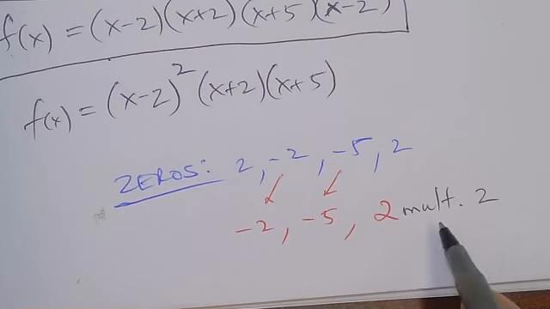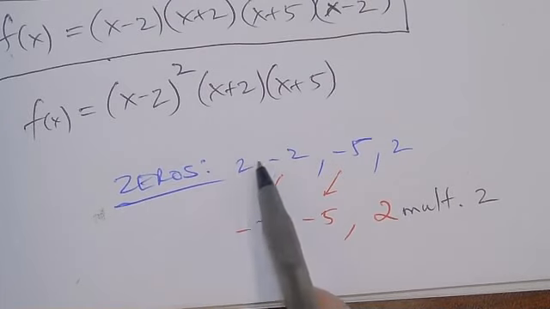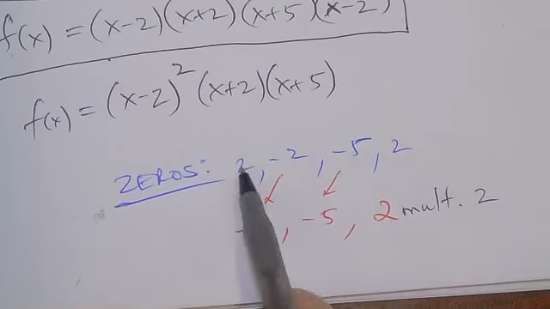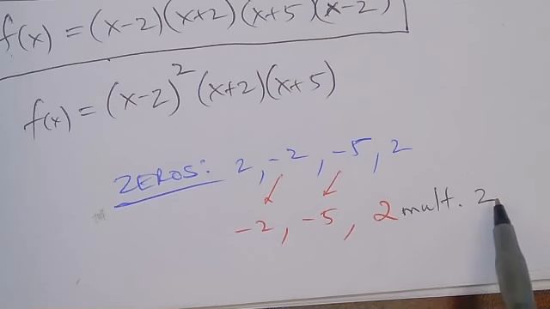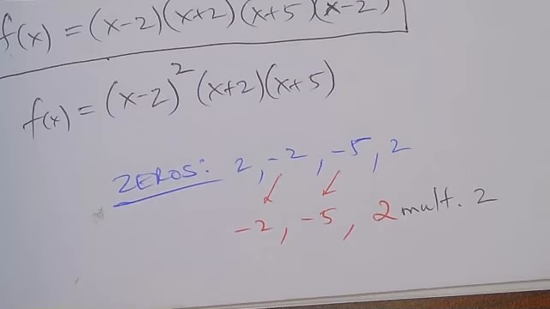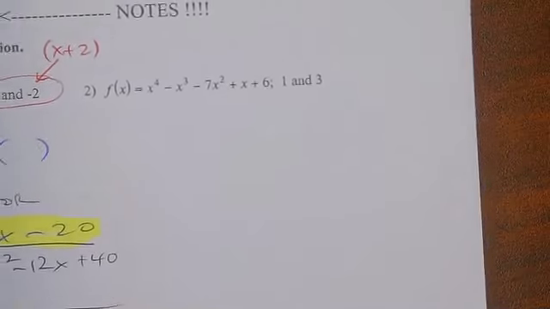How many multiples of them are there? 2. If it was a 3, I would see 3. There's only 2. If there were 3 of these 2s, what would it say? It would say 2, multiplicity 3. Okay? That's all that was in the other assignment as well.